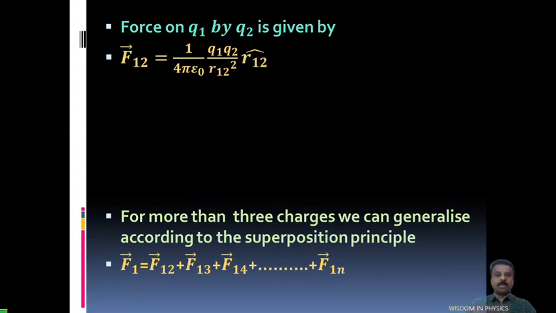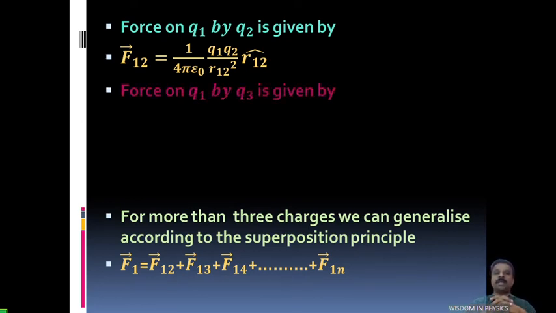Now, when we have more charges, we can calculate the net force using the superposition principle. As we have seen in the diagram, the force acting on Q1 by Q2 is given by, as already discussed, F12 vector is equal to 1 upon 4 pi epsilon naught Q1 Q2 by R12 square into R12 cap.